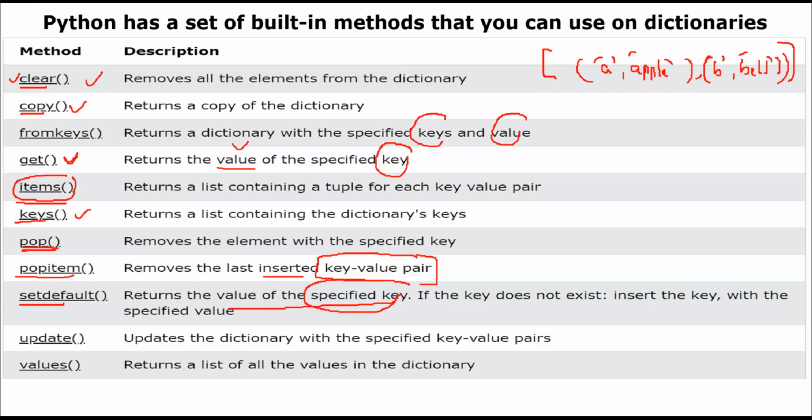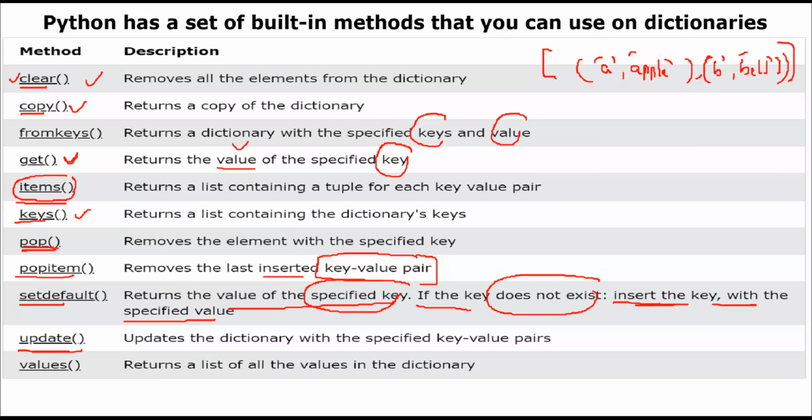If the key does not exist, it will insert the key with the specified value. That means if the specified key exists, its value will be returned. If the key is not there, then it will return a default message. Whatever message we keep, that will be returned as the default.